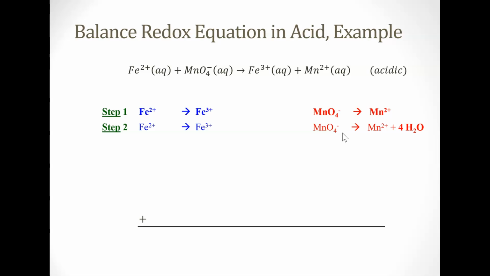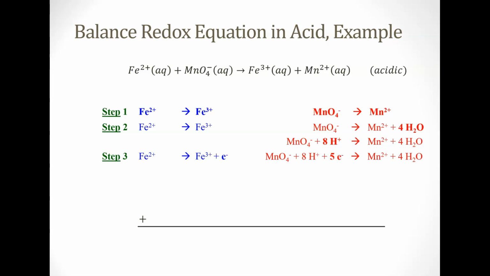However, we have 4 oxygens, so we have to add 4 water molecules to get the 4 oxygens. But you can see in doing so, we've added 8 hydrogens. So we must add 8 hydrogen ions to the reactant side to balance out the 8 hydrogens on the product side.